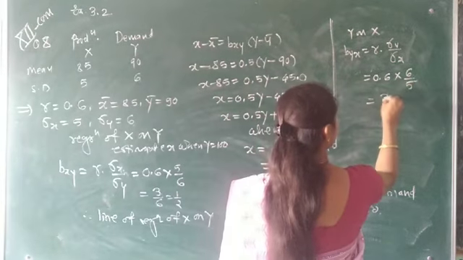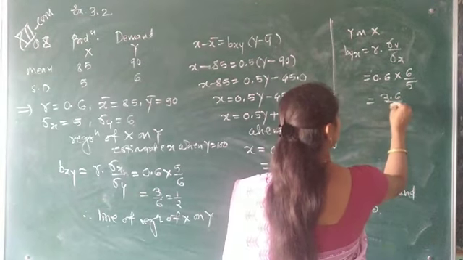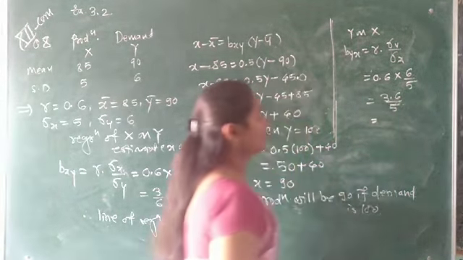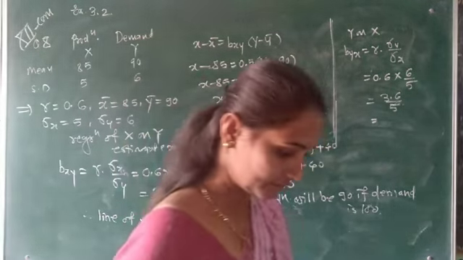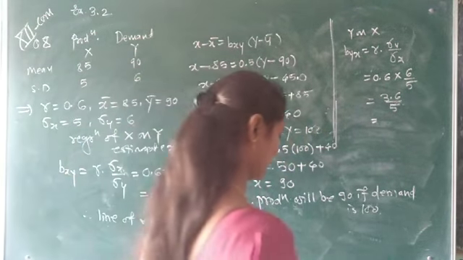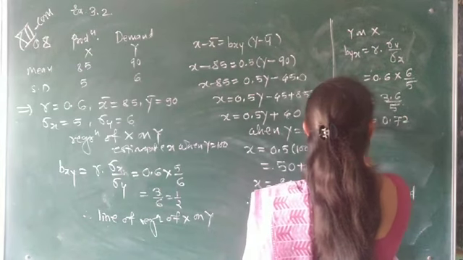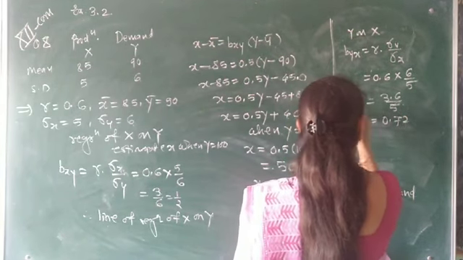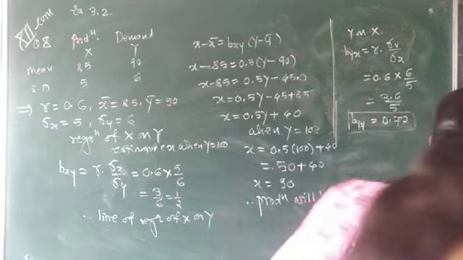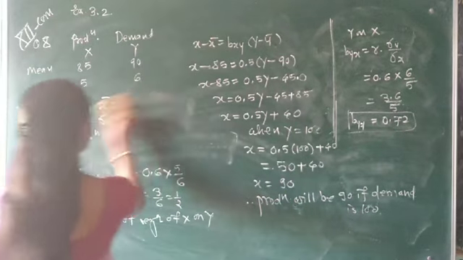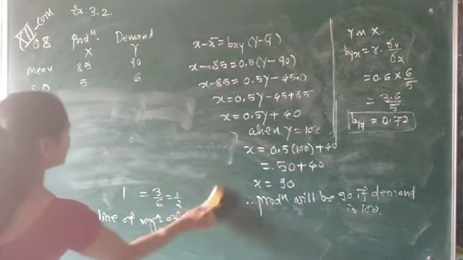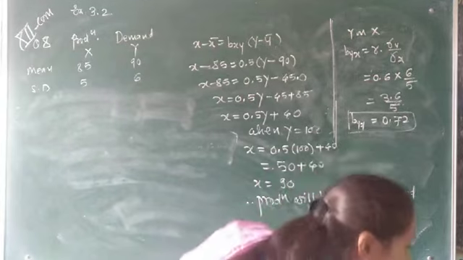3.6 divided by 5, that is 0.72. So byx is 0.72. Write the line of regression of y on x. Here we have to find the two regression line equations.